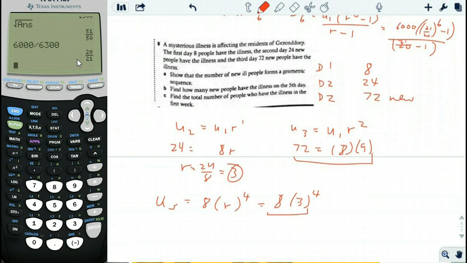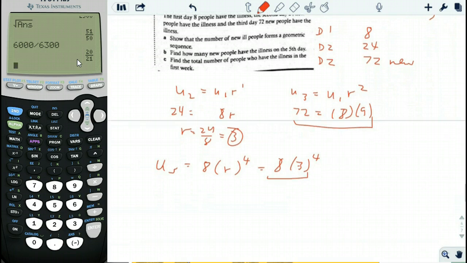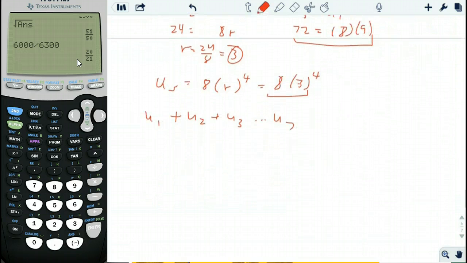Find the total number of people who have the illness in the first week. Okay, now remember that each term is only the new people that have the illness. So if you want to have the total number of people that have it in the first week, you need to add the first day's patients, second day patients, third day patients, all the way to the 7th day patients. And so that would be equal to S7, right? So S7 is equal to U1 times R to the N, and remember the N is 7, right?